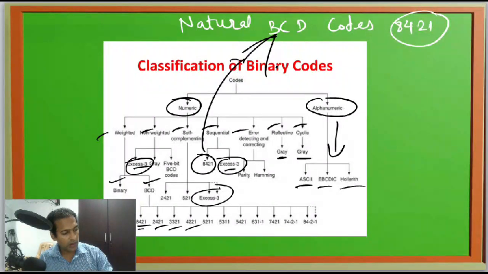In this code, each decimal digit 0 through 9 is coded by a 4-bit binary number. It is also called natural binary code because 8421 weights are attached to it. It is a weighted code and also sequential.